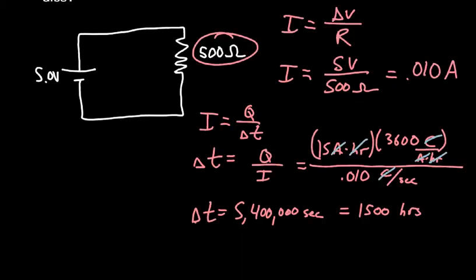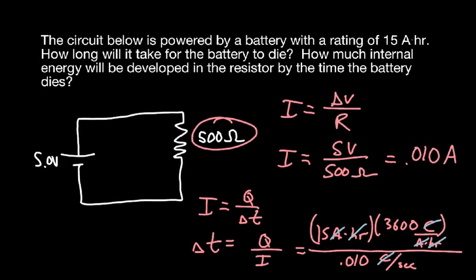So that's just seconds left for our answer. And so when we calculate this, we find a time of 5,400,000 seconds to exhaust this much charge, or about 1,500 hours, or exactly 1,500 hours here, which we, again, figured out just kind of reasoning our way through the units earlier on.